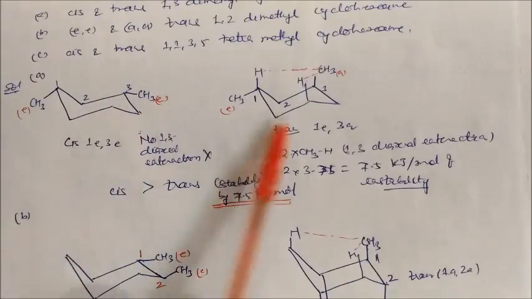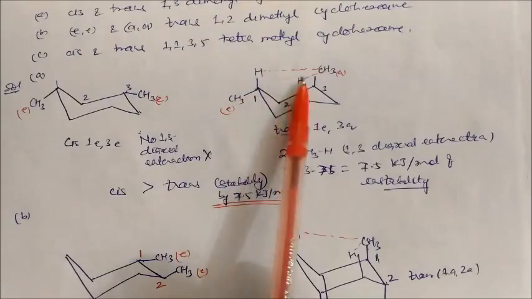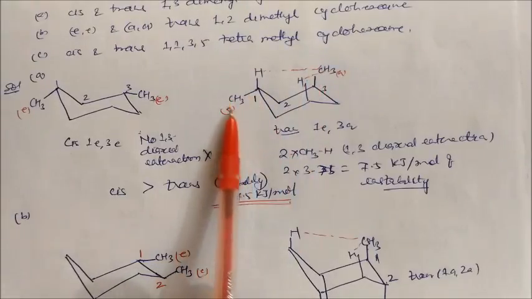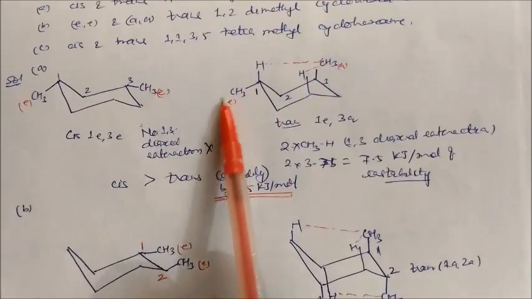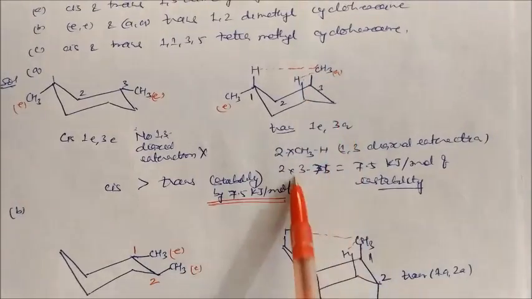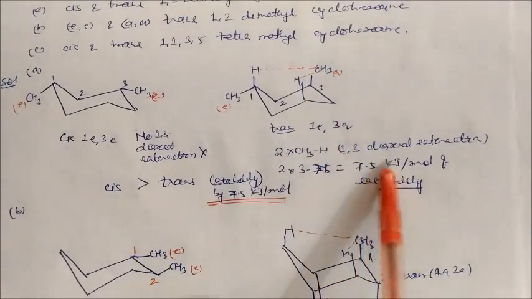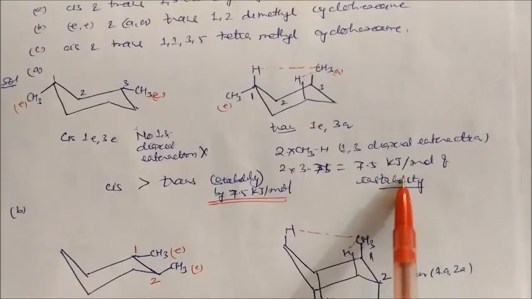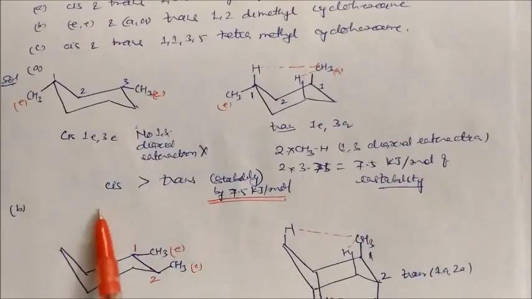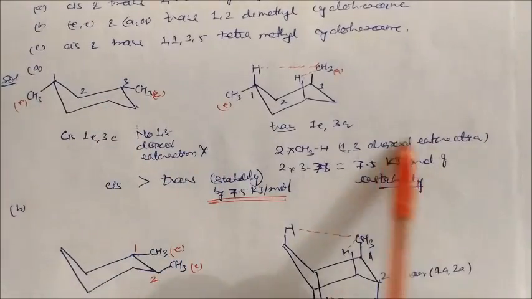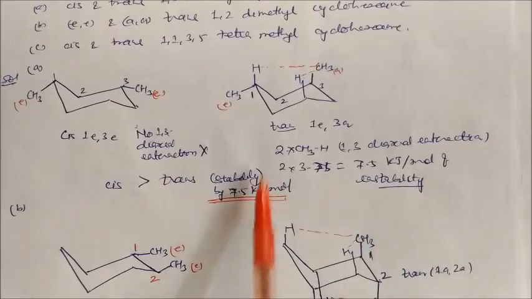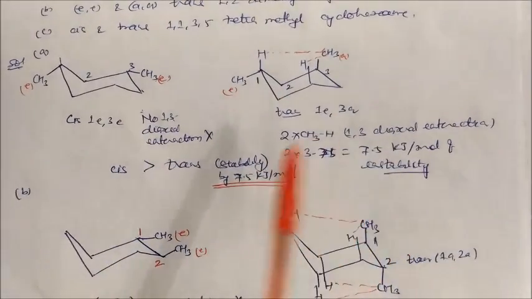So this is the cis form, and this the trans form. You can see there are 2 diaxial interactions, because this will not contribute to the diaxial interaction. So for this one, the energy is 3.75, totally 7.5 kilojoule of energy is the instability, and there is no interaction there. Definitely this cis form is this much kilojoule per mole more stable than trans 1,3 dimethyl cyclohexane.